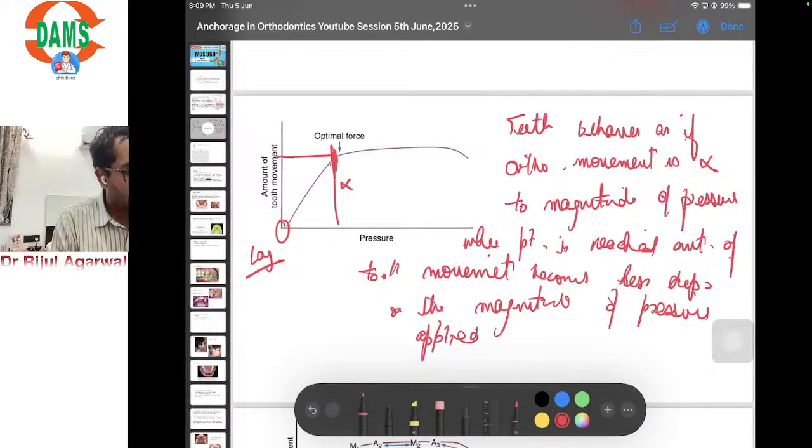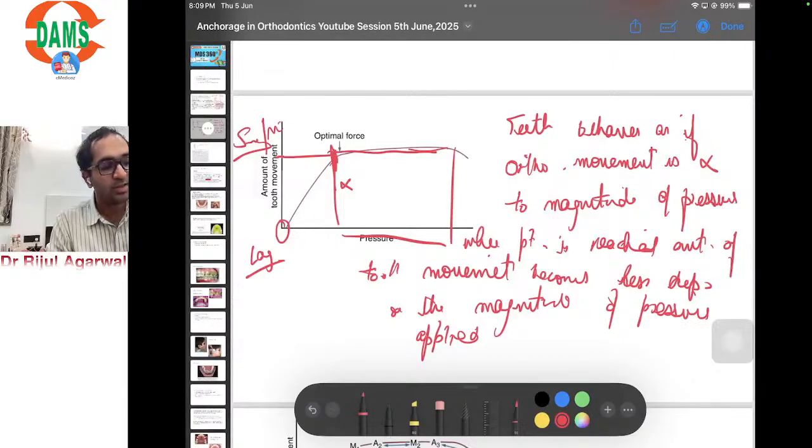So after this point, the amount of pressure we are increasing, the amount of tooth movement remains the same. Supposedly it is moving at 5 mm per month, so it will remain the same as 5 mm.